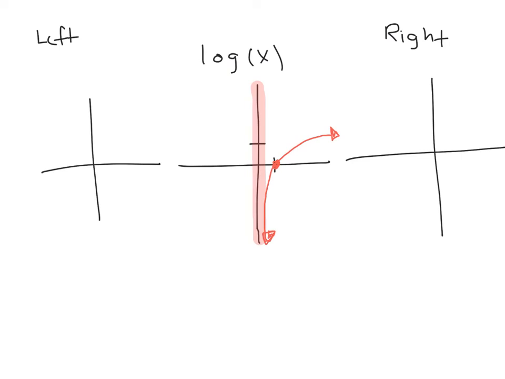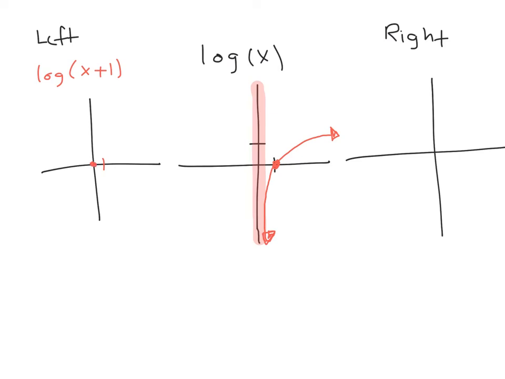Now, if I wanted to go left or right, let's see how that would look. Say I did log of x plus 1, something as simple as that. Then that's going to take my dot and move it over one space, right there.